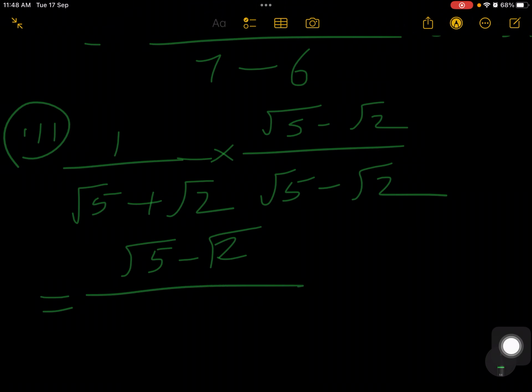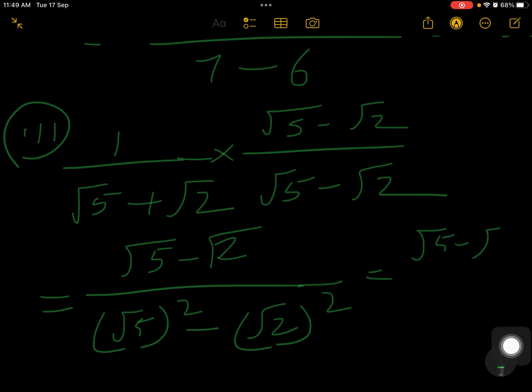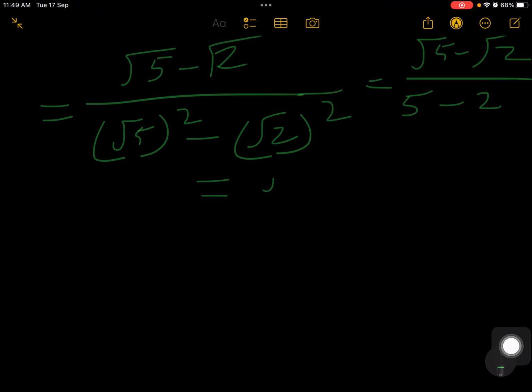It means root 5 square minus root 2 square. When you square these roots, you will get the same number: root 5 minus root 2 upon root 5 square, which is equal to 5, minus root 2 square, which is equal to 2. So the answer will be root 5 minus root 2 upon 5 minus 2, which is equal to 3.